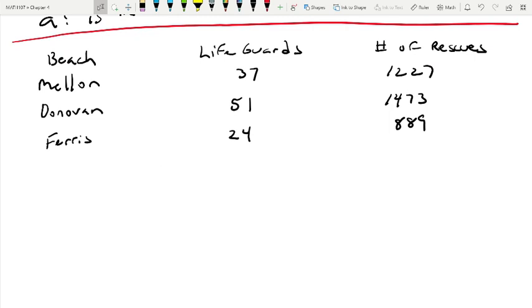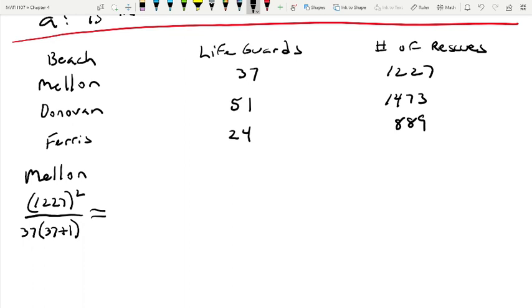So for the first beach, Mellon, that's going to be 1227 squared over 37 times 37 plus 1, and that'll give you basically 1071.